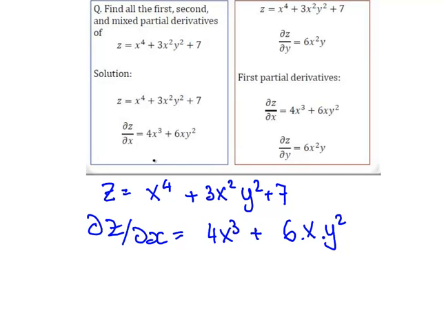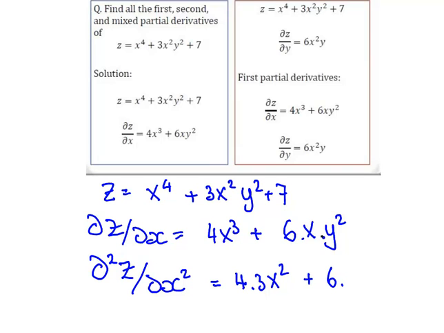So what we're going to do now is get the second derivative of z with respect to x. It's the second order partial derivative of z with respect to x. So 4x cubed, essentially we're dealing with the x cubed here, so that's 4 times 3x squared, plus 6x y squared, so that's 6 times 1 times y squared.